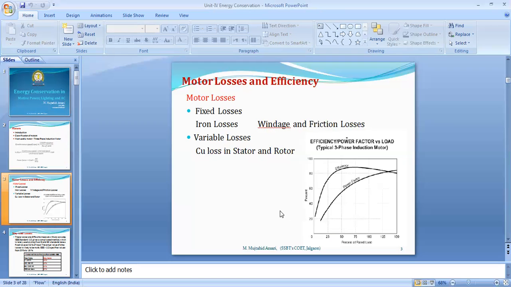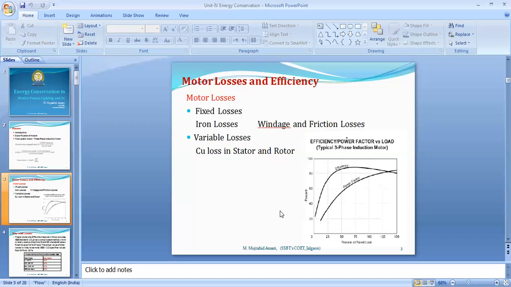Then there are the variable losses, which are a function of load. As load increases, the losses increase, and this is nothing but the copper loss. The loss in the copper winding is equal to the square of current multiplied by the resistance. These copper losses take place in the stator as well as the rotor.